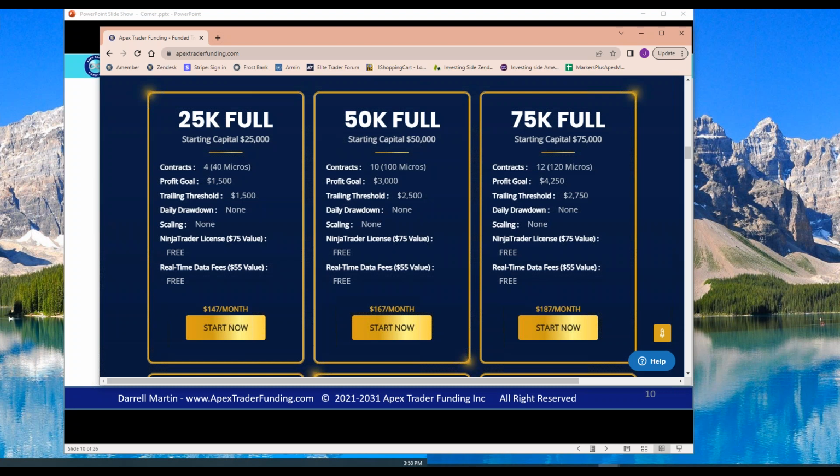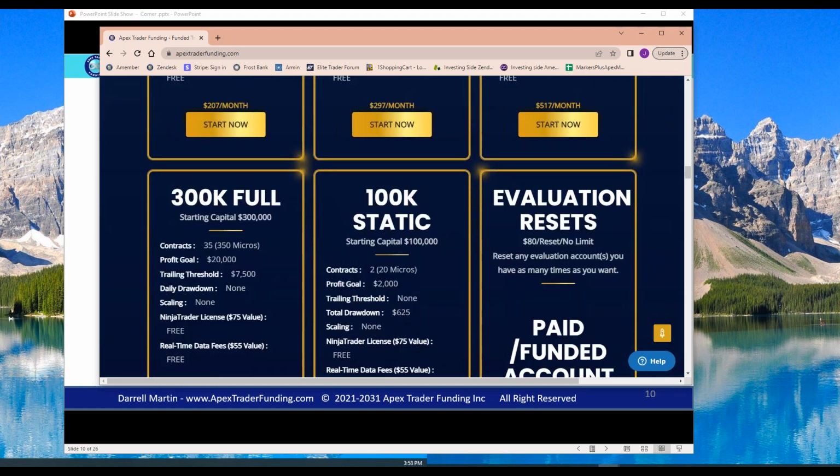So if you're a scalper, your particular strategy or system doesn't have a huge loss per trade, then you might be okay with this account that allows a $1,500 trailing threshold, or this one with a $2,500. Does that make sense? And if you're a scalper doing small trades at a time, then you might not want to deal with an account that you've got to make 20 grand to pass it. That might not be the best fit, right?